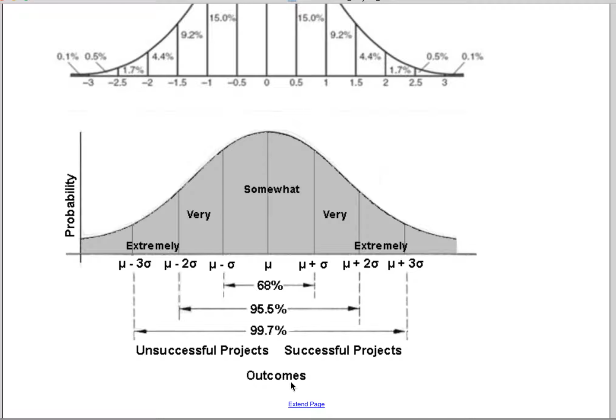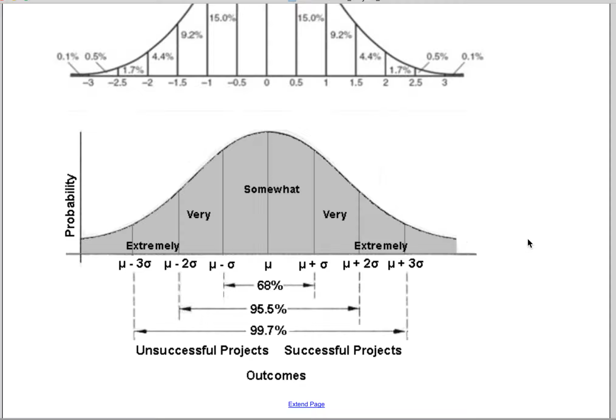If you're doing projects, here are the symbols that we're going to be using. Mu is the mean, and this symbol is our standard deviation. So mean plus 1 standard deviation is that. Mean plus 2 standard deviations. Mean plus 3 standard deviations. A project out there is extremely successful or really small.